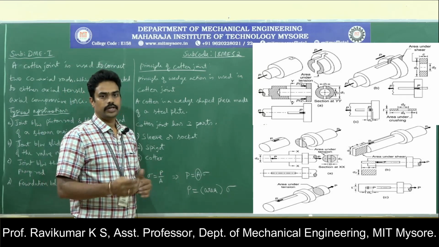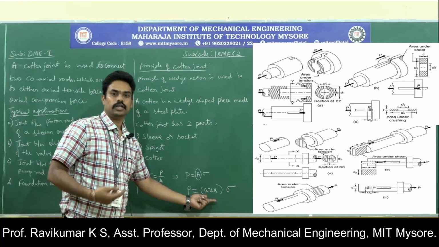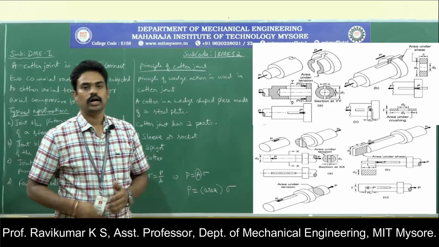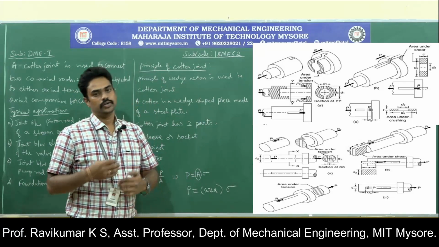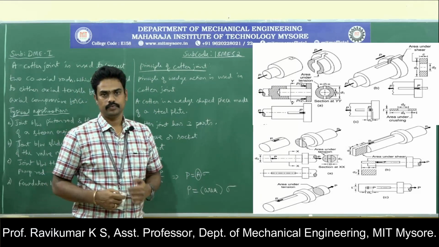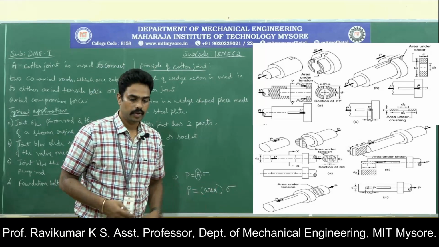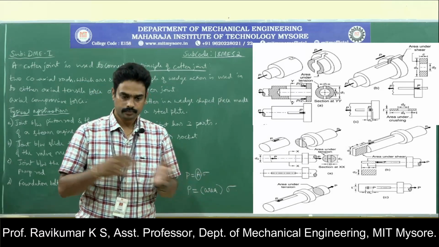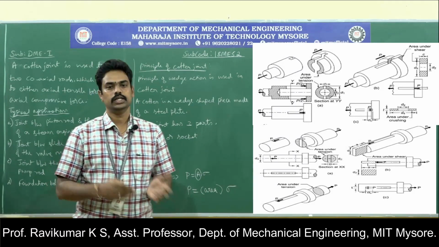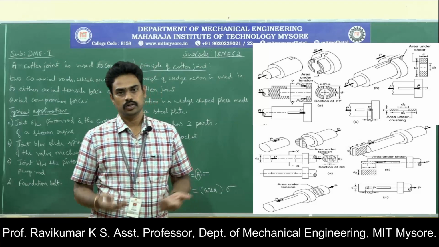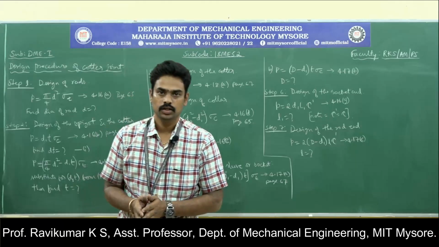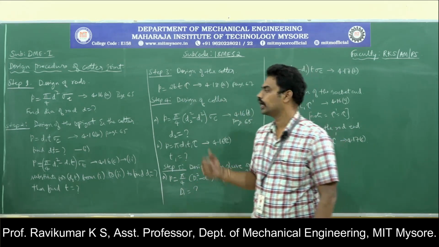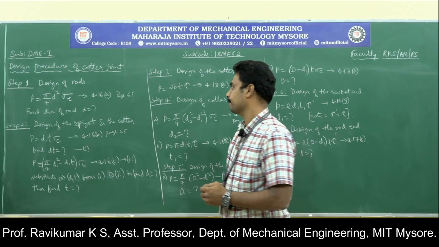So this is how you need to substitute the corresponding area to get the formulas, and then using those formulas you need to solve the problem for its dimensions, or for the load carrying capacity, or to evaluate whether the design is going to be safe or is going to fail. So this is the design procedure to be followed while designing a quarter joint.